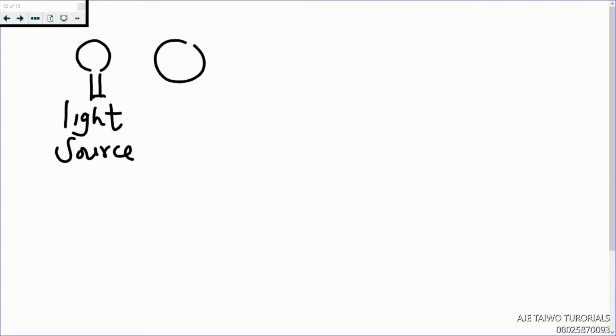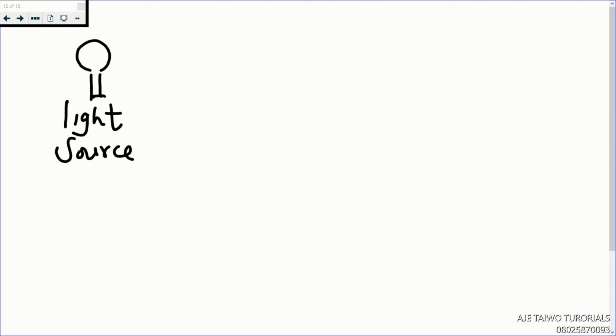Now let's see the board. This is your light source. This is how the normal light that comes from this source is going.